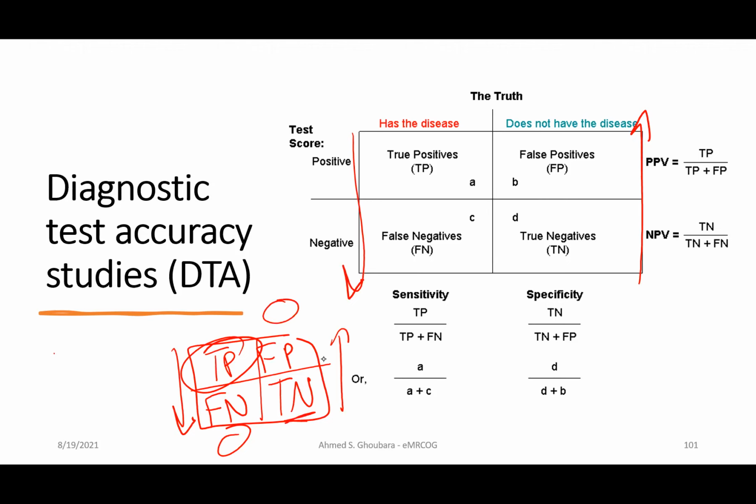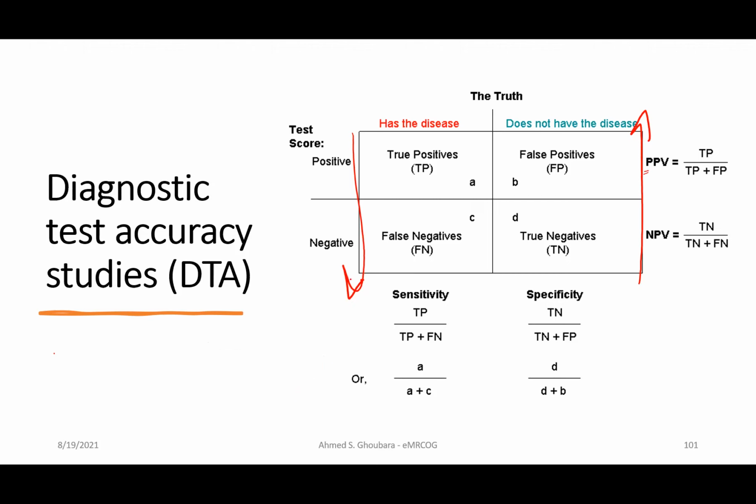Okay, positive predictive value and negative predictive value. The equation is so simple. Because we're talking about positive, everything in the equation will be positive. So it will be true positive divided by true positive plus false positive. And negative predictive value is the same thing, but with the negatives.